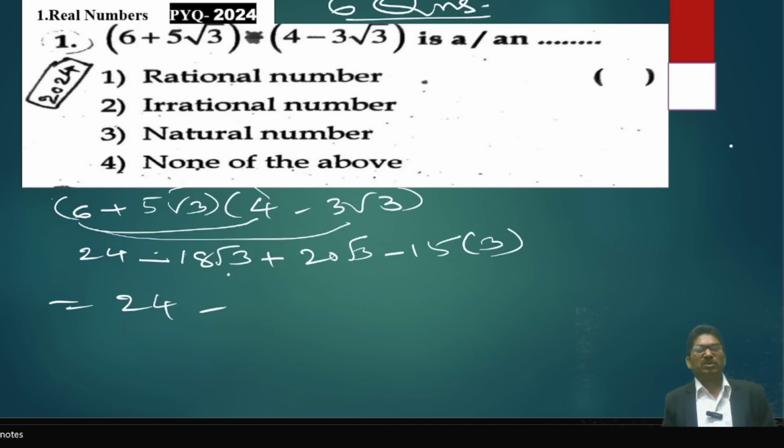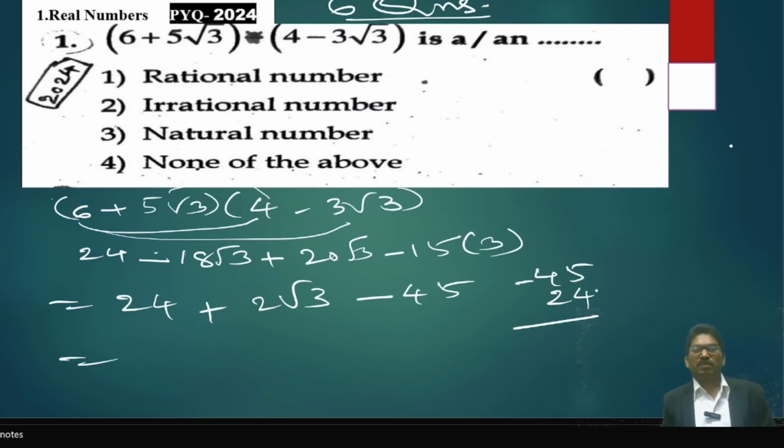24 minus 18√3, 20√3, plus 2√3, minus 15 3s are 45. 24 minus 45, what is the answer?